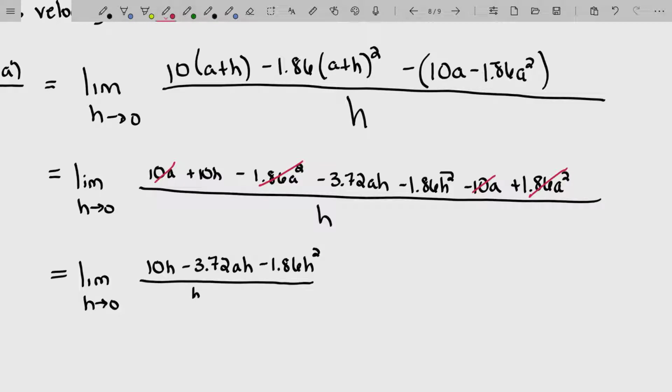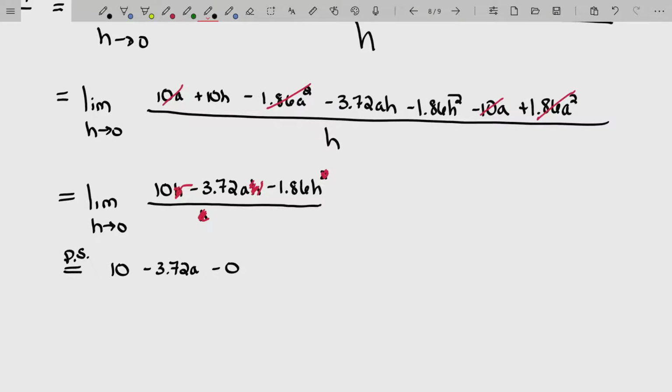Notice each of the terms in the numerator can sacrifice an h for the h downstairs. And then I can let h actually become 0 via direct substitution. If you do that, you get 10 minus 3.72a minus 0. I did that just to showcase I'm plugging in 0 for h.